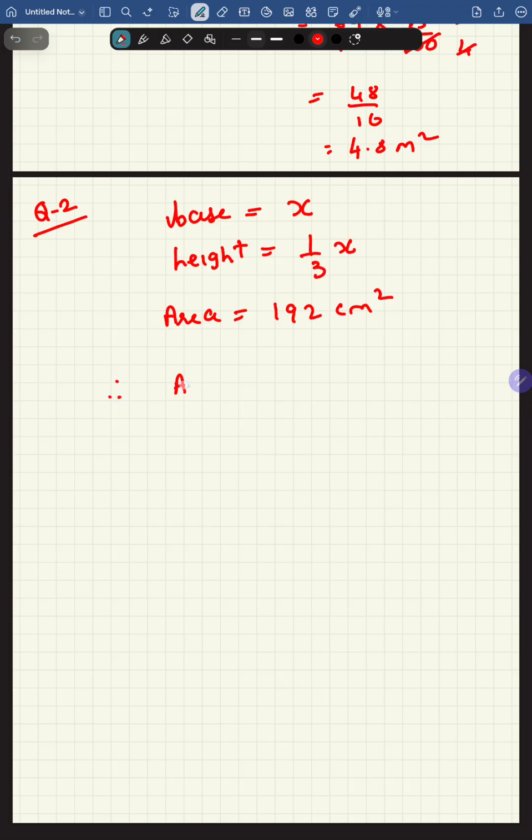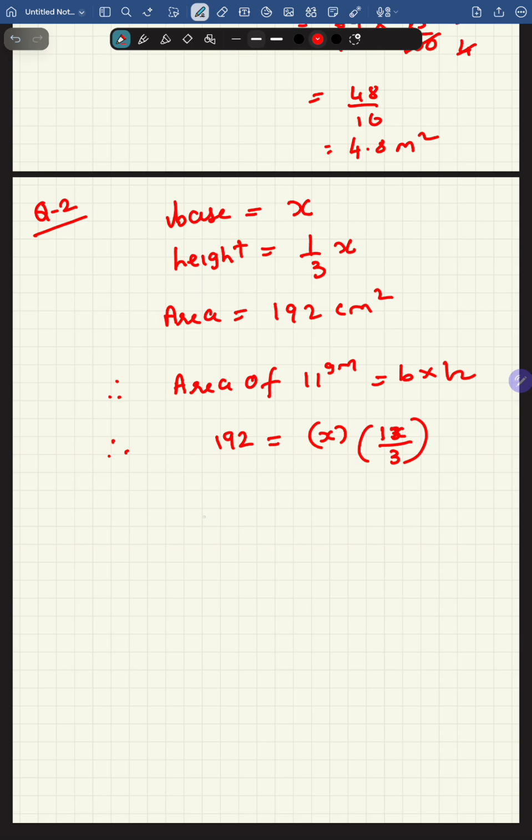Therefore, area of parallelogram is base into height. So 192 is equal to base x into height 1/3x. Multiply, 576.